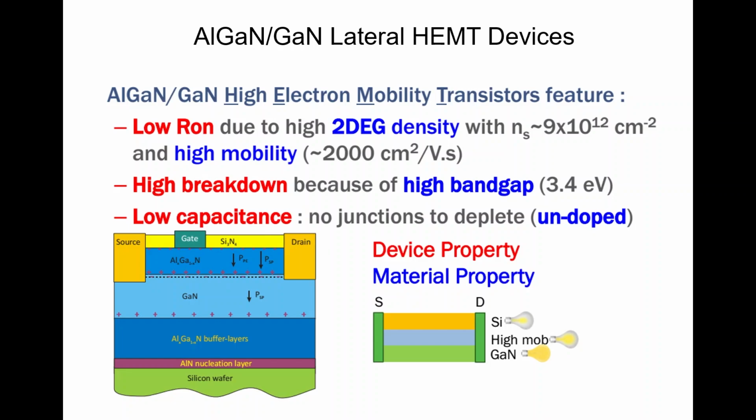So you can have high electron density combined with high mobility. We're talking about 2,000 centimeters squared per volt-second. And because of its wide band gap, 3.4 eV, you obviously have high breakdown, and the undoped nature of this material provides you low capacitances. There's no junction to deplete here.